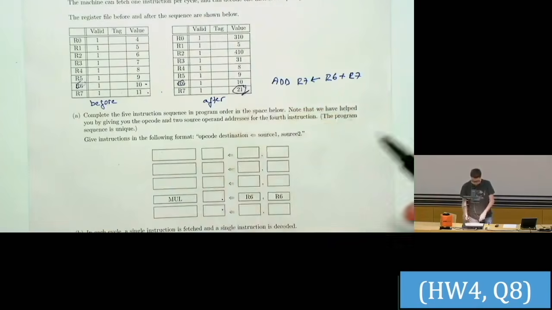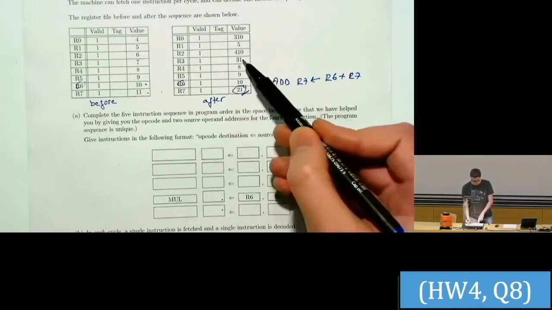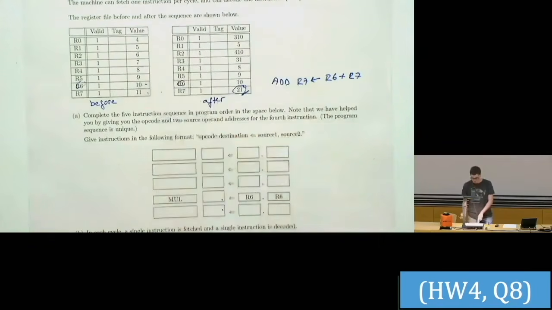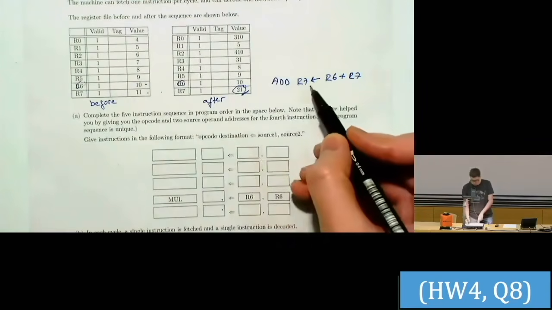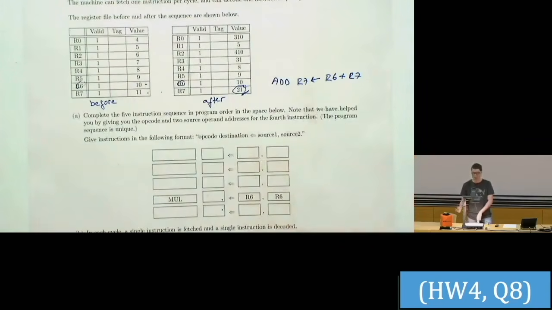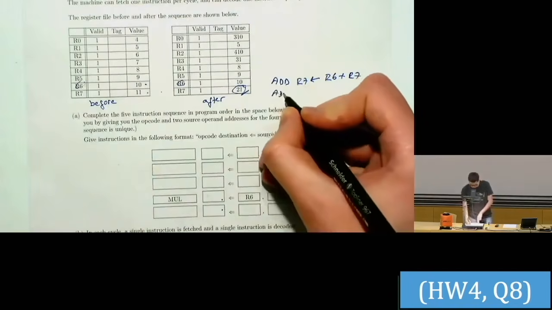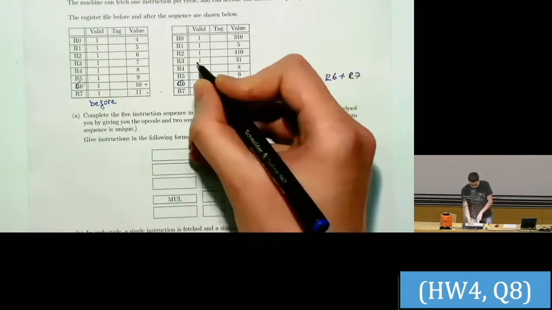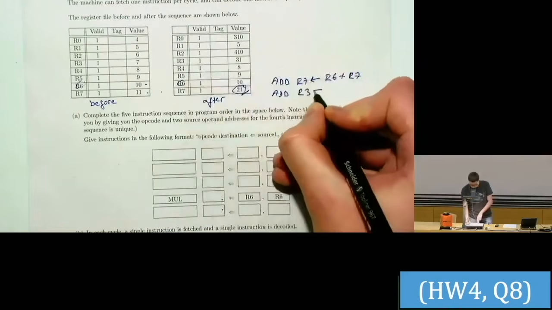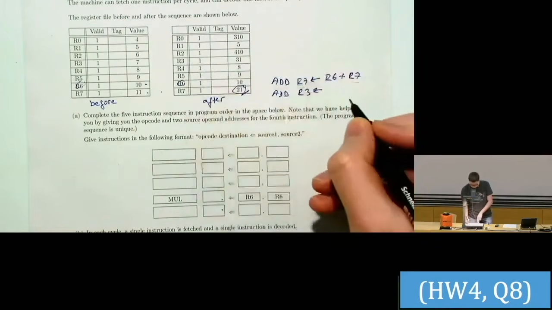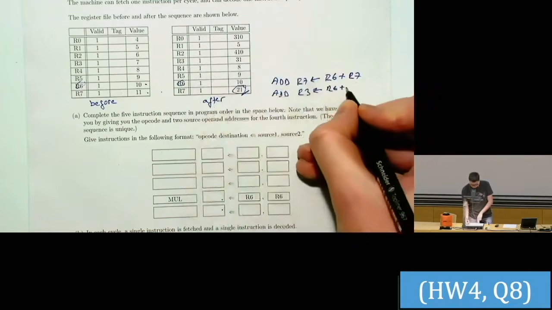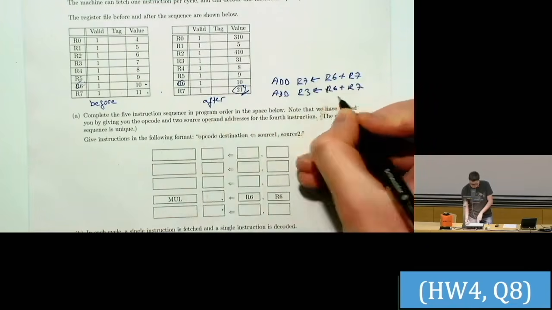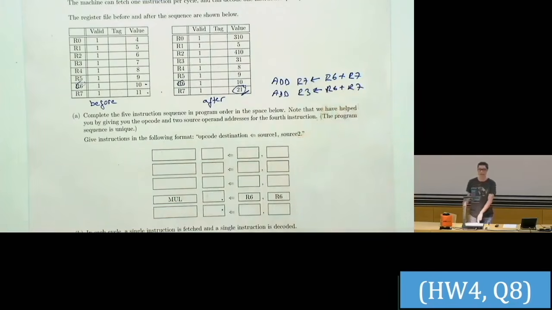So let's look at some other values that have changed. So here we see 31 in register 3, and the original value was 7, right? So now, given that we have 21 here in R7, we can calculate 31 by doing another add instruction, right? So we will be updating R3, and it will be again R6 and R7. Okay?